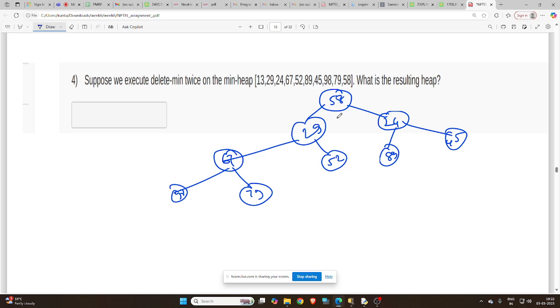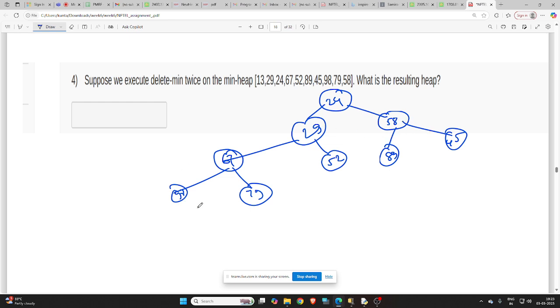So for that case, what will be there here? This will be changed. So 24 will come here, 58 will come here. So just do here 24, 58. Now see, 24 is less than 29, and 24 is less than 58.